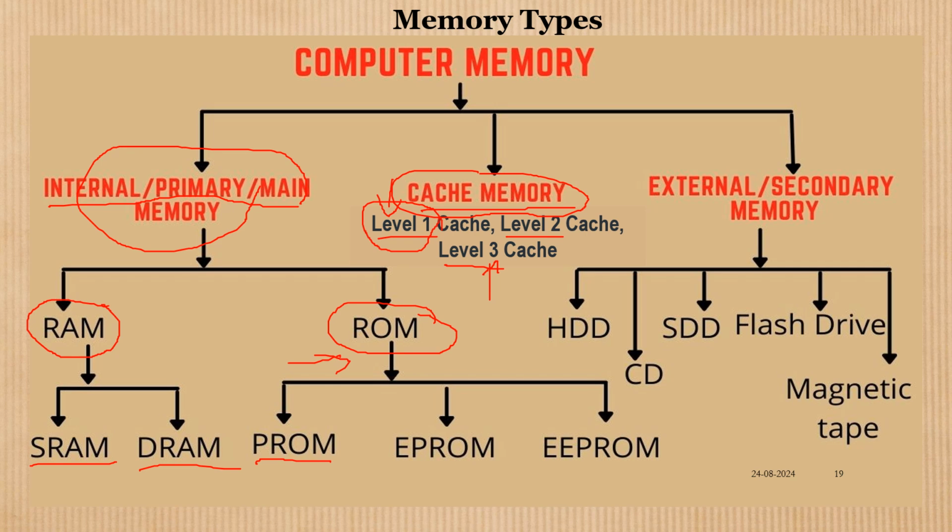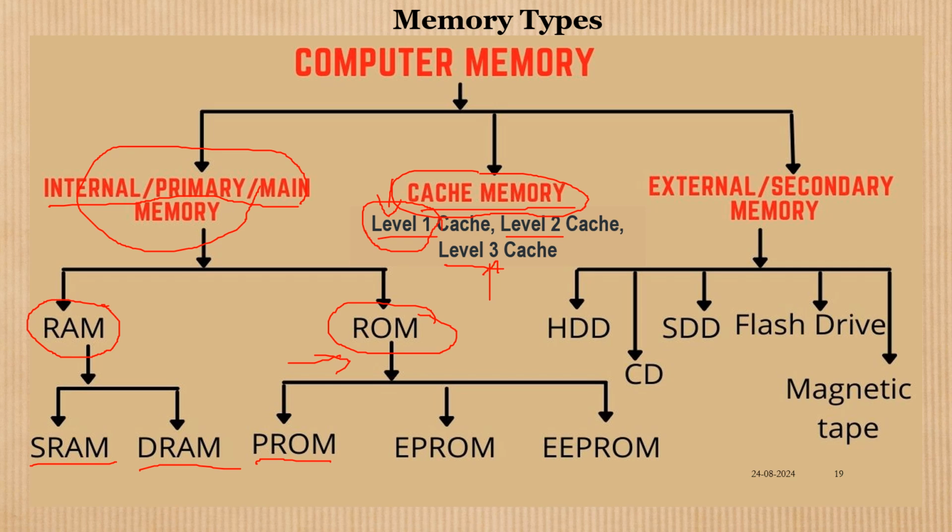If there is a question about which memory is non-volatile, then the secondary storage and the read-only memory are non-volatile memories, whereas the cache memory and random access memory are volatile memories. So in the internal storage, only random access memory is a volatile memory.